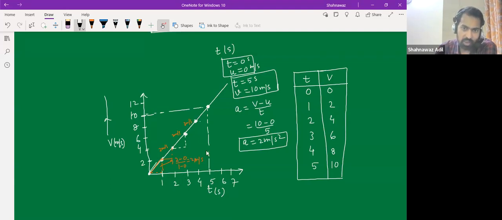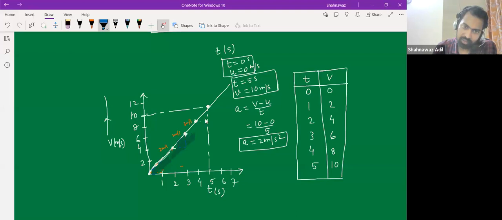Okay. So then we want to calculate the distance. So to calculate the distance from this graph, what will we do? How did we calculate the distance, guys? By acceleration.